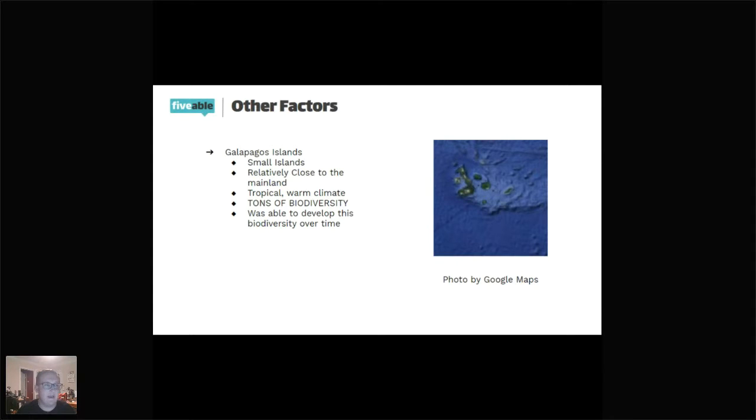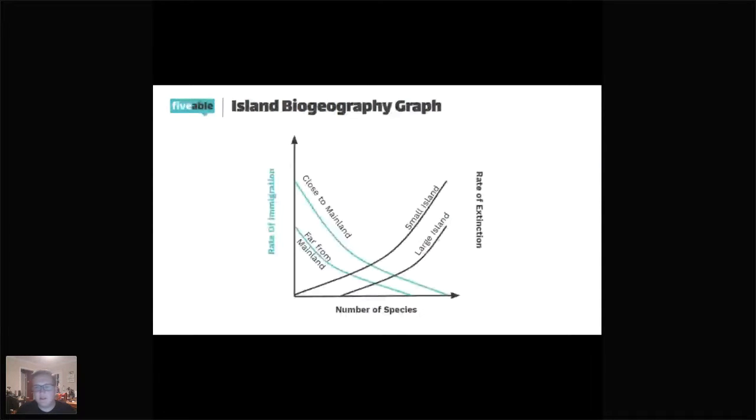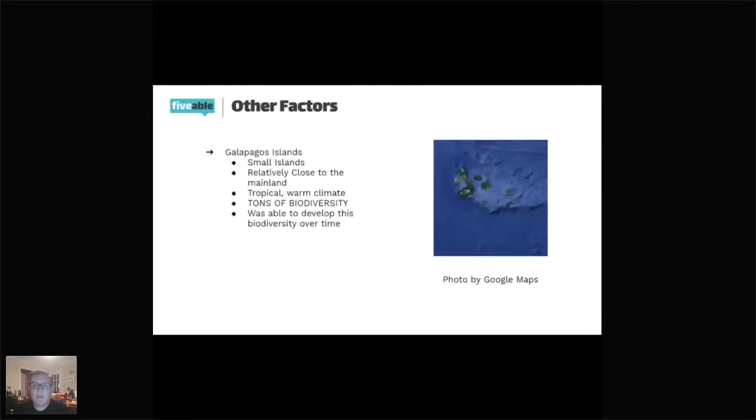So if we go back a few slides, hold on, go back. Okay, so we see close to the mainland, but small. Falls in this mid zone here. It's small, so we have a lot of competition going on, as we discussed, because the island is small. I relatively went over that.